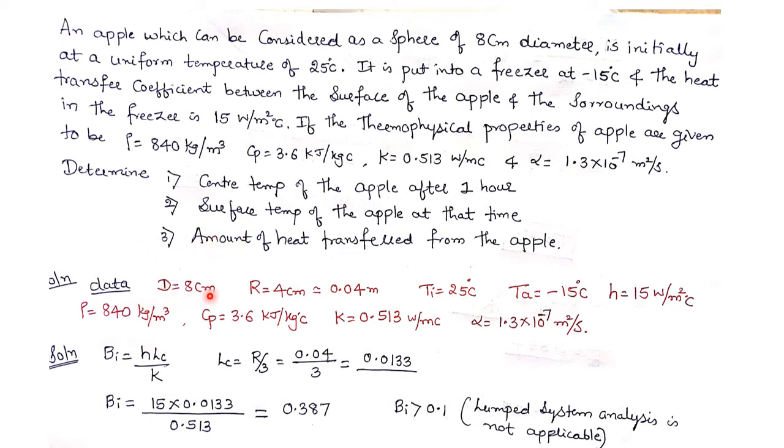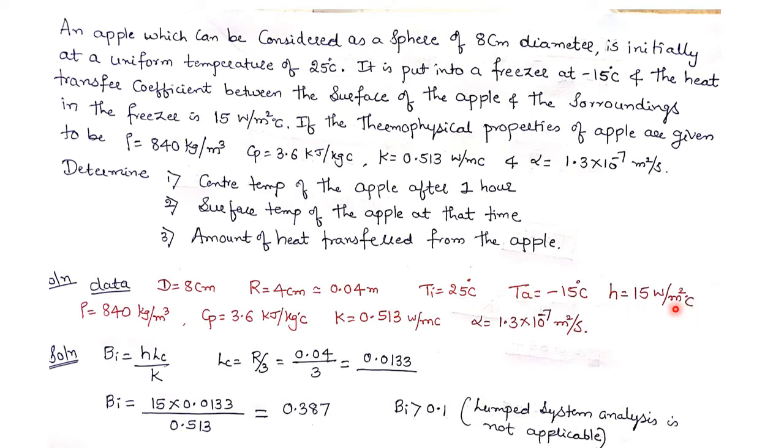The diameter D he has given as 8 centimeter, so the radius R will be 4 centimeter, which I have written here in meters as 0.04 meter. The initial temperature of the apple is given as 25 degrees centigrade, and the freezer temperature T infinity is minus 15 degrees centigrade. The heat transfer coefficient H is 15 watt per meter square degree centigrade.